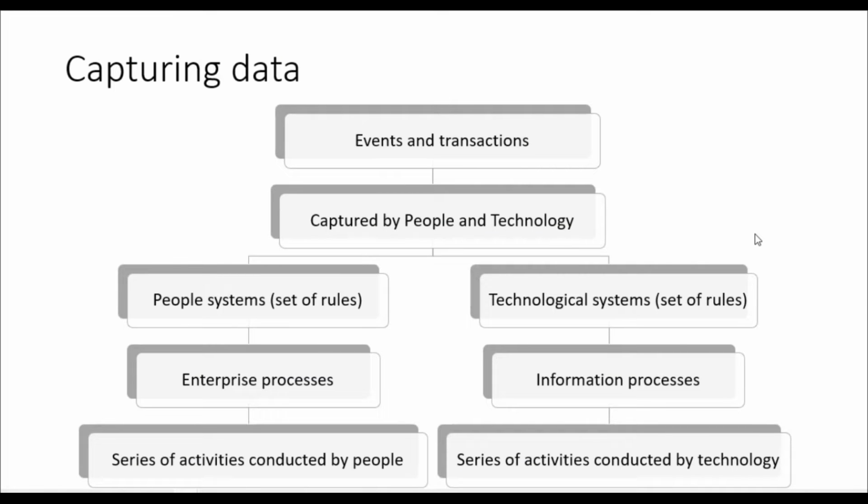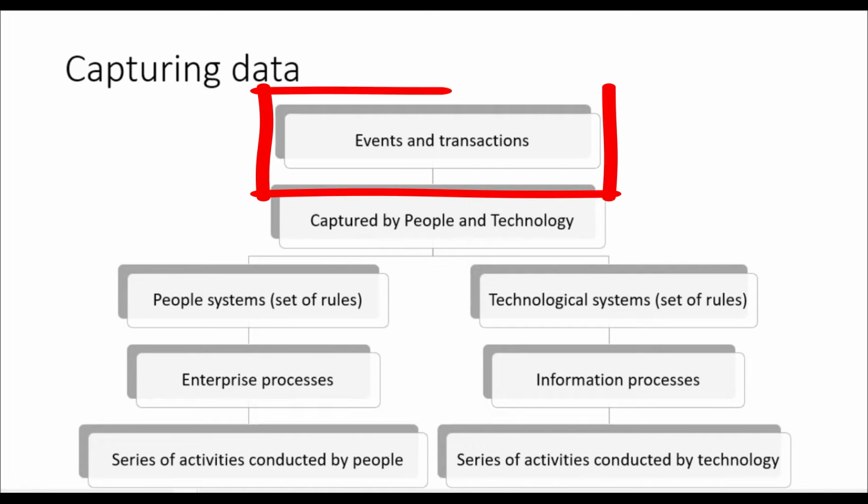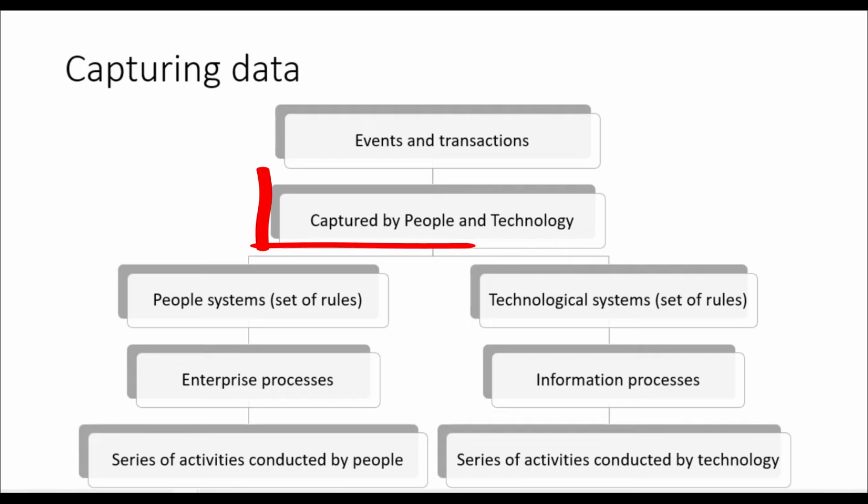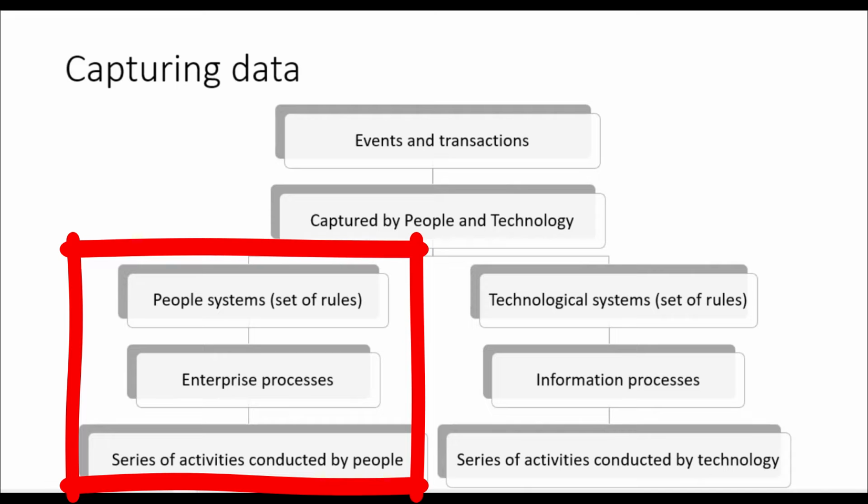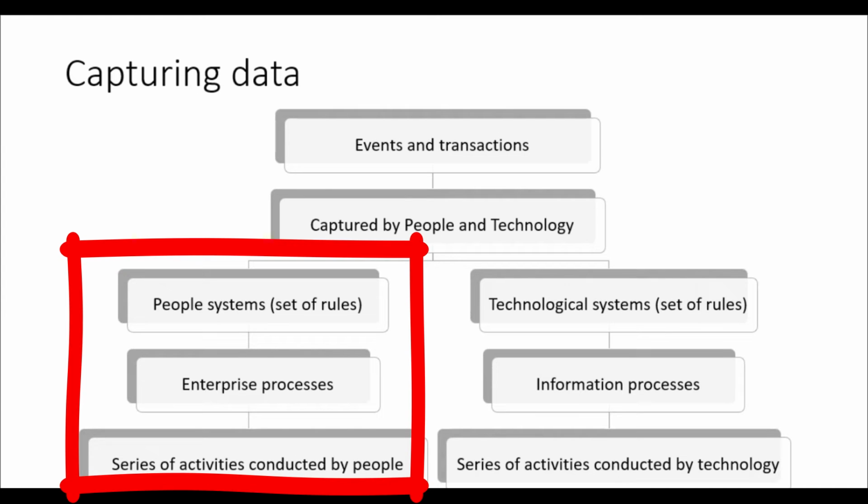If you look at an enterprise capturing data, it starts with events and transactions. It's captured by people and technology. There are people, systems, sets of rules that are followed, and there are enterprise processes that support these systems, and the processes are supported with a series of activities which comprise the process, and they're conducted by people.